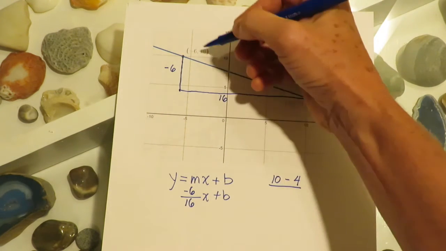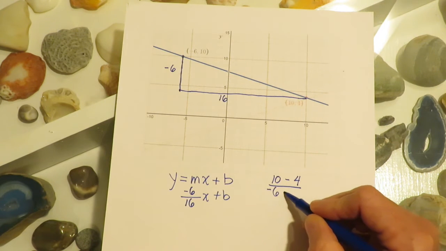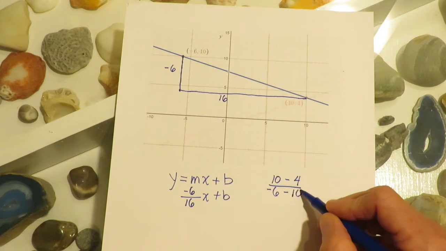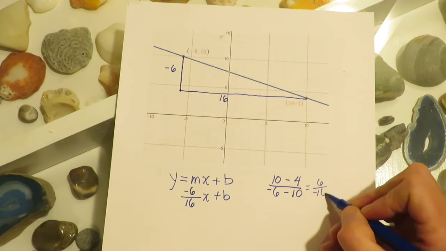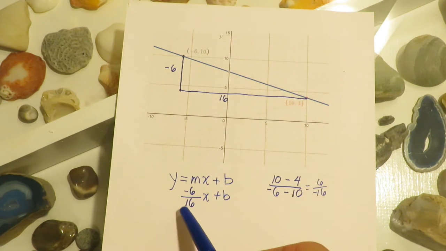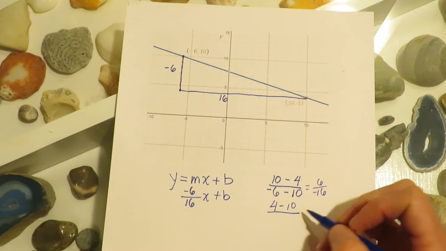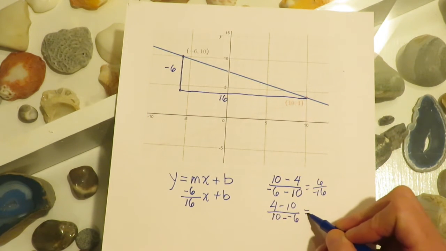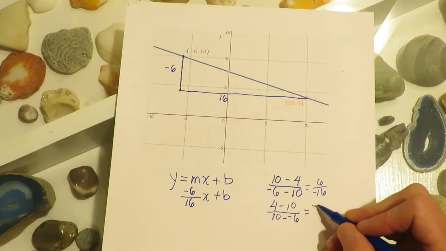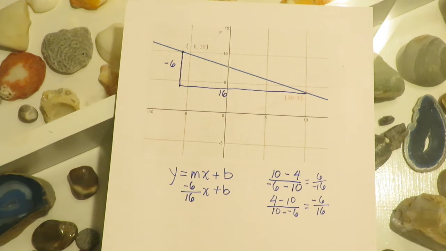So if I took 10 minus 4, I need to take -6 minus 10, and that would give me 6 over -16, which is still the same thing that I have over here. Or if I took 4 minus 10, then I would have to take 10 minus -6, which would give me -6 in the numerator and +16 in the denominator. Notice they both give me the same slope.